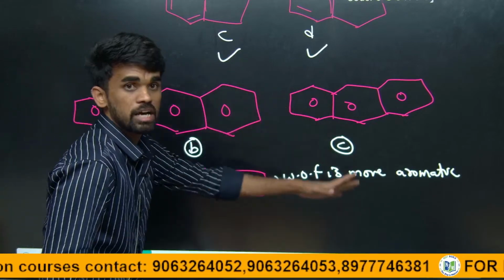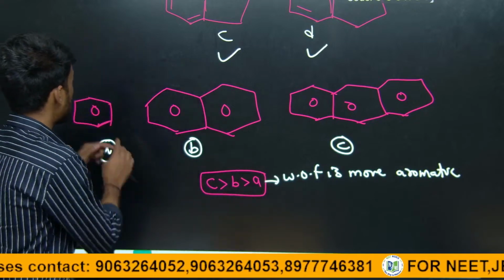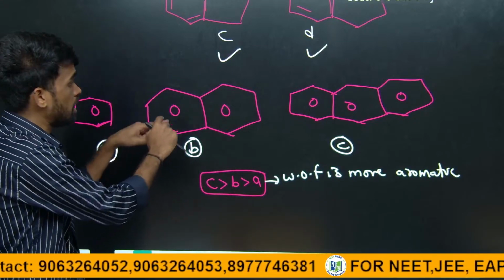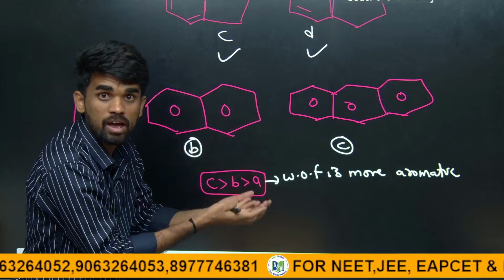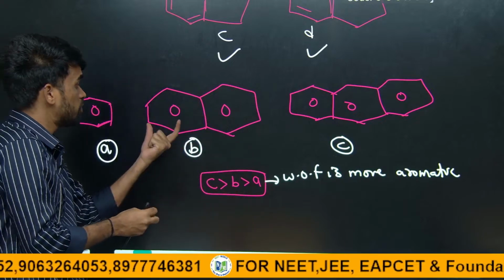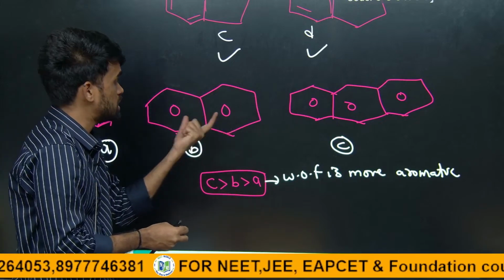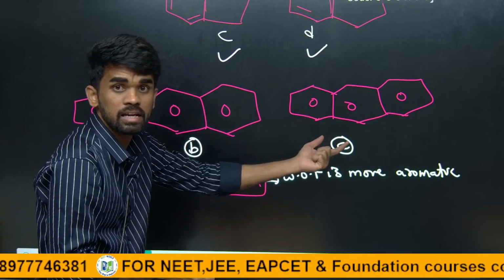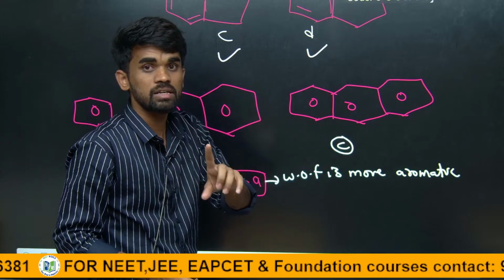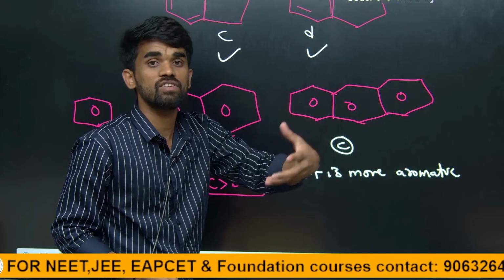Out of these 3 compounds, if I consider per ring, which compound will have more aromatic nature? So I am saying, if we take one individual ring, see here there are 2 rings, here 3 rings, right? We need to consider only one ring. So per ring aromatic nature will be more in which case?